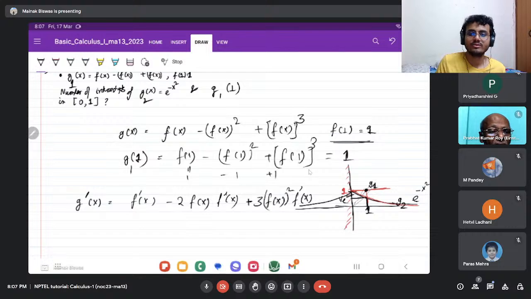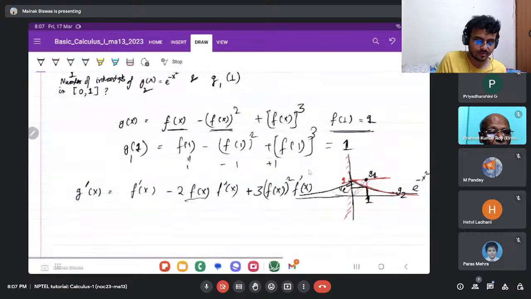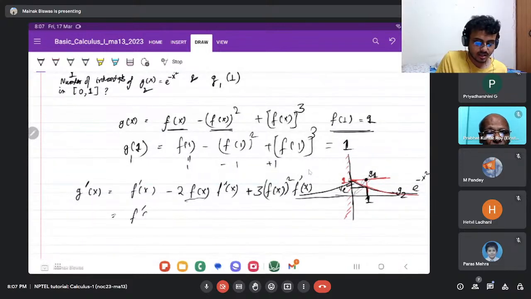This is the derivative of g. Taking the derivative of f squared by chain rule gives 2f times f dash. So you take f dash common, and you get 1 minus 2 f x plus 3 f square.